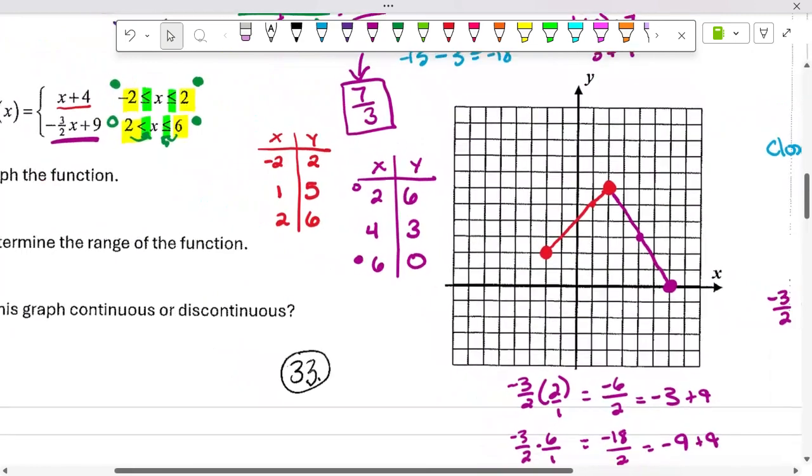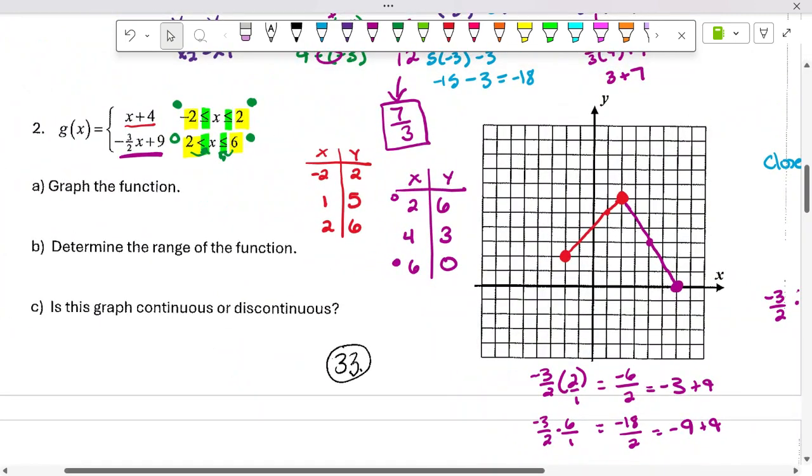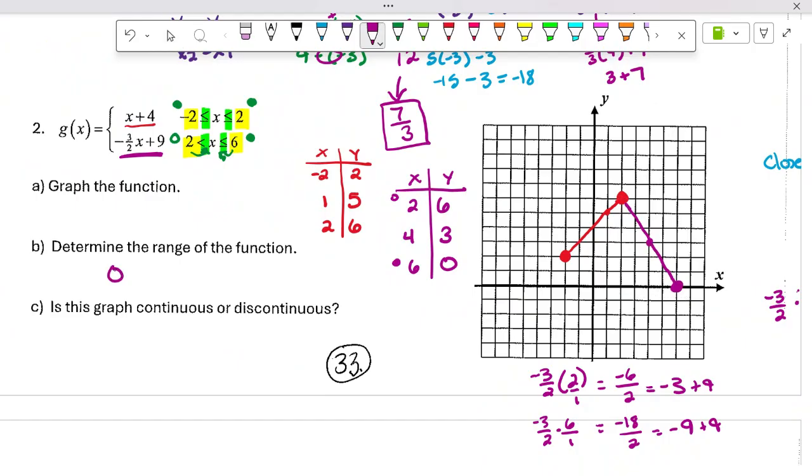Now, what do you think the range of my function is? So we're talking X or Y values first off. Y values. So what's the lowest Y value that I have on here? 0. And where does it go to? What's the highest Y value? 6. Now, do I put parentheses or brackets around it?